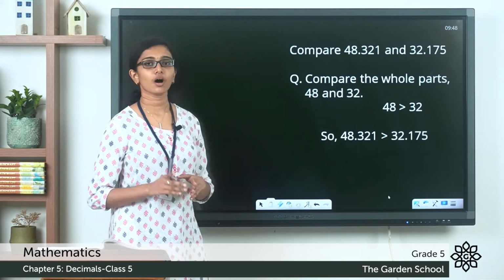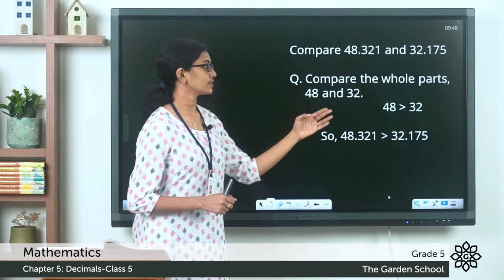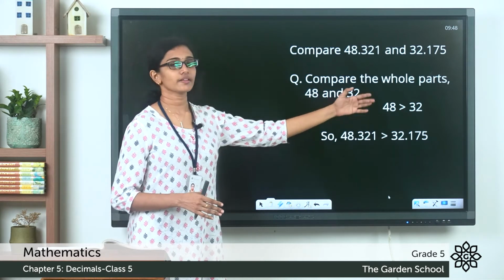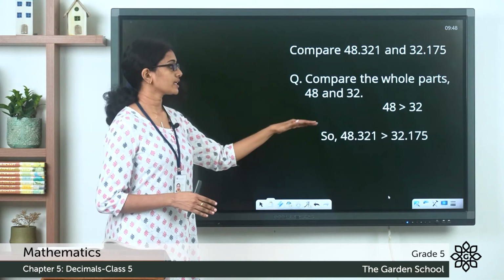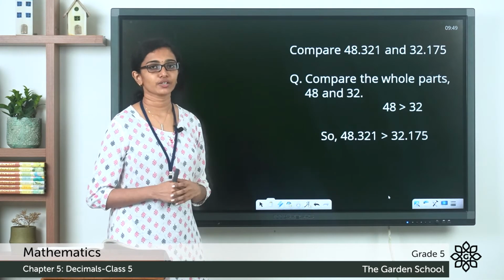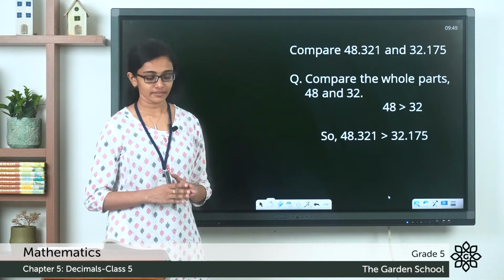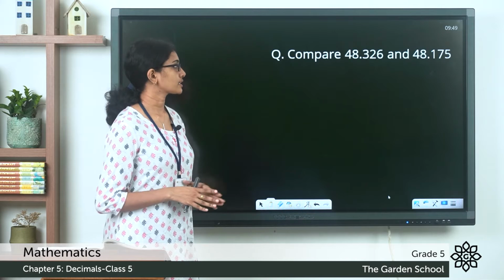So let's compare the whole parts first. Comparing 48 and 32, which is greater? 48 is greater than 32. So we can write 48.321 is greater than 32.175. Clear?